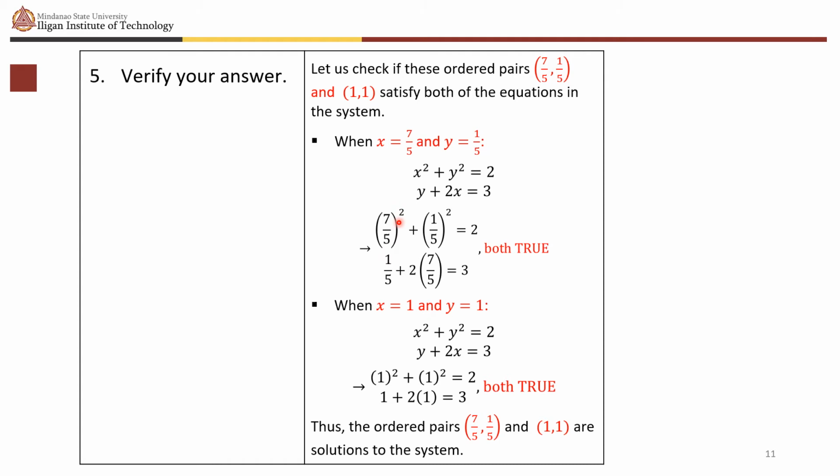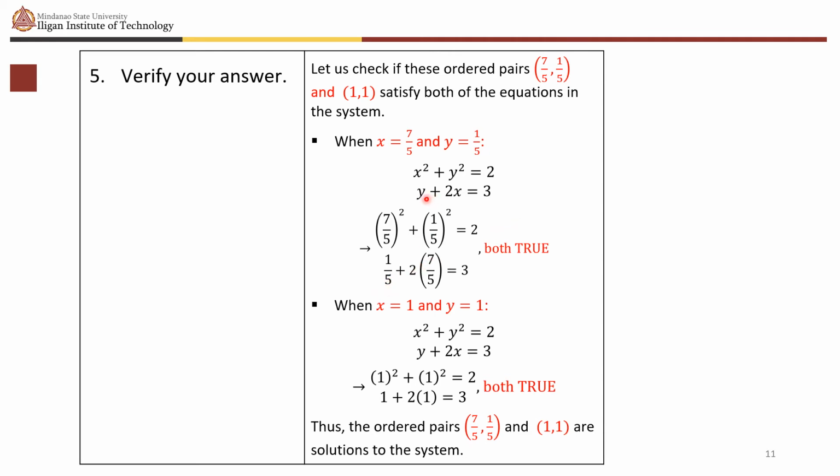So when x is equal to 7/5, we have (7/5) squared, which gives us 49/25, plus (1/5) squared, which gives us 1/25. That's supposed to be equal to 2. Why? Because 49/25 plus 1/25 is 50/25, which is indeed 2.